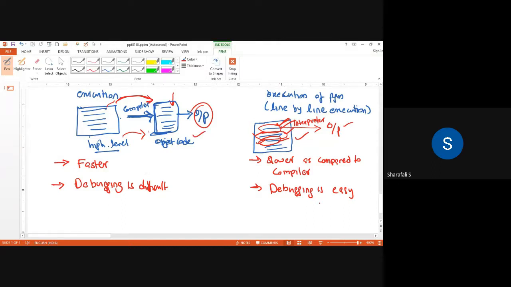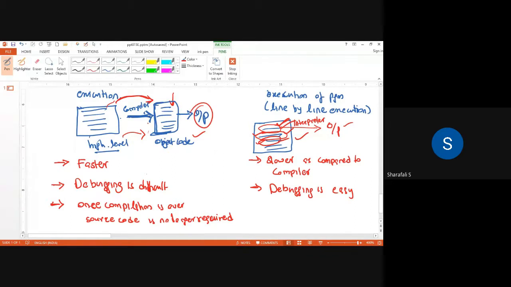Okay. And also here, an advantage is that once compilation is over, the source code is no longer required.